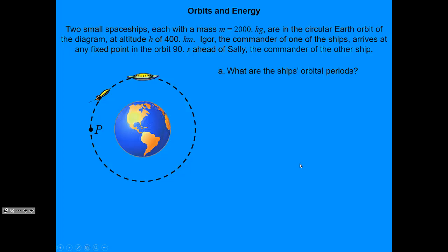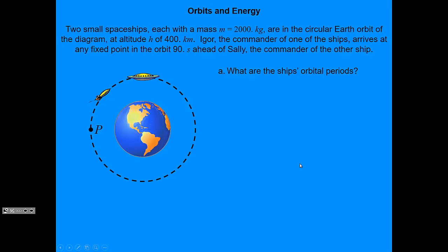Now, this was a problem I actually took out of an older version of your textbook. Back when I used the same textbook, or a very early edition, when I was a physics major, this problem was in the chapter on universal gravitation as an example. They actually worked this whole problem out.